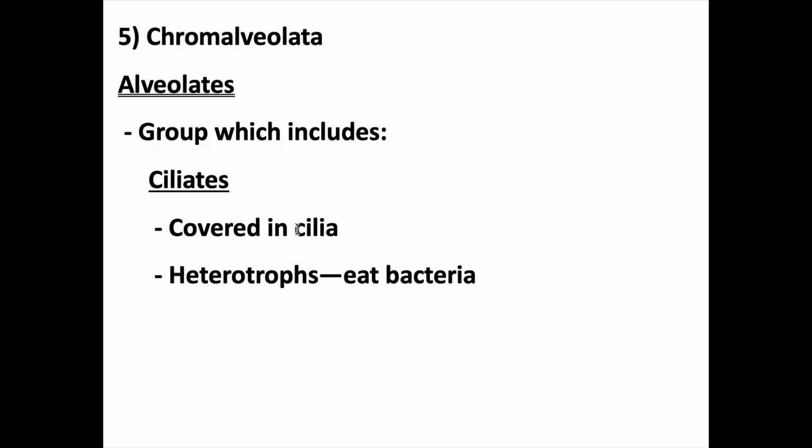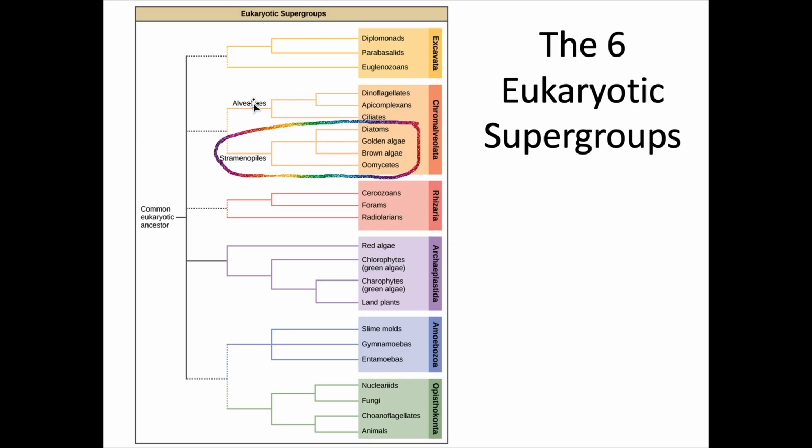Covered in cilia, and they're heterotrophs. They eat bacteria. So these were the alveolates within Chromalveolata: dinoflagellates, apicomplexans, ciliates.